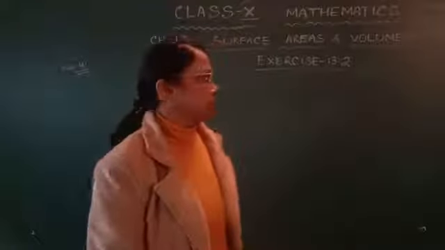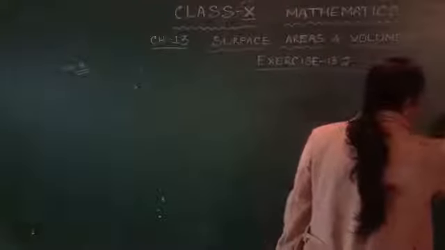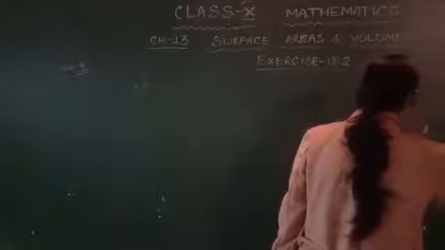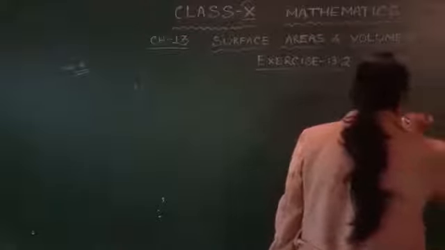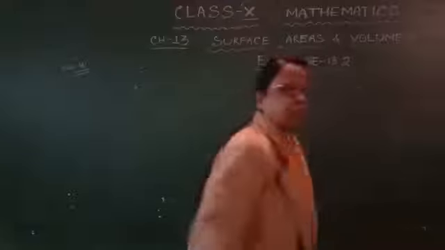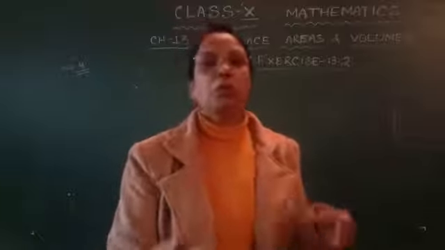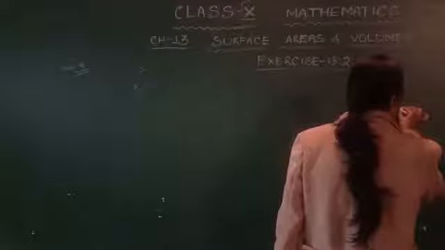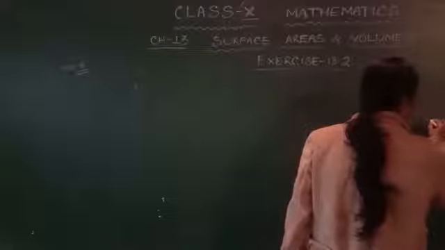So here, according to our question, there is a cuboidal pen stand, and there are 4 conical depressions to hold pens. So here 4 conical depressions are there, in which pens are held.